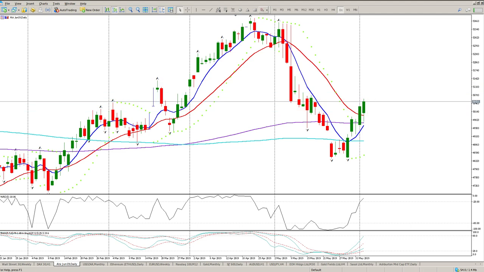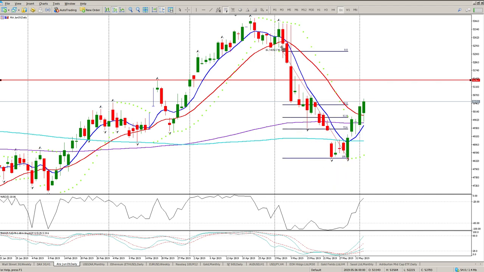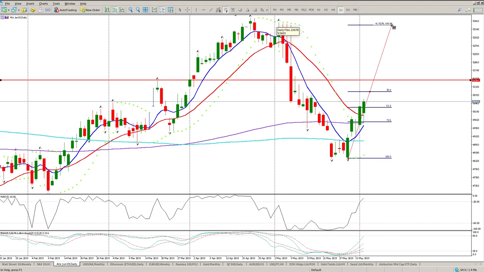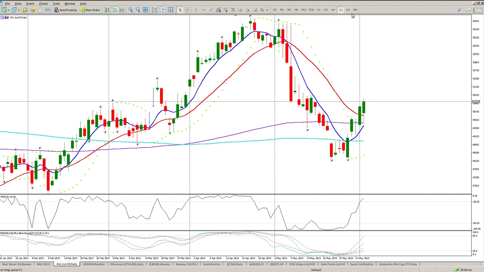Let's just get rid of the noise. I have a feeling that that is going to be fairly close to, well, it's going to be between the 50 and 61.8 Fibonacci.